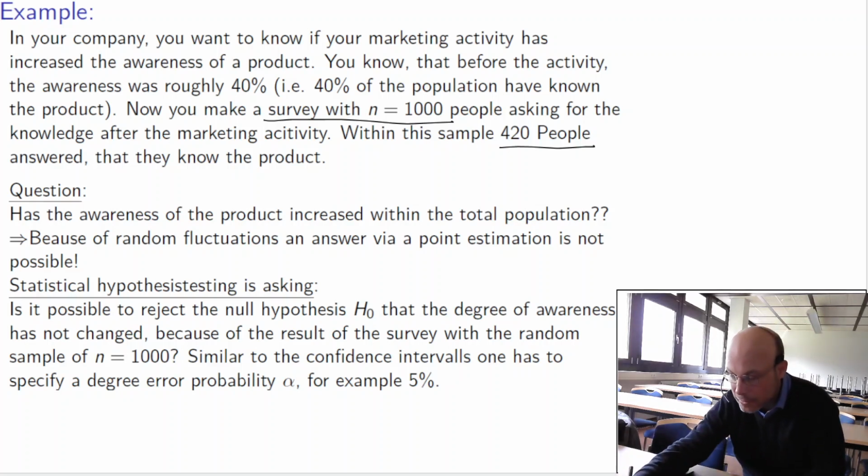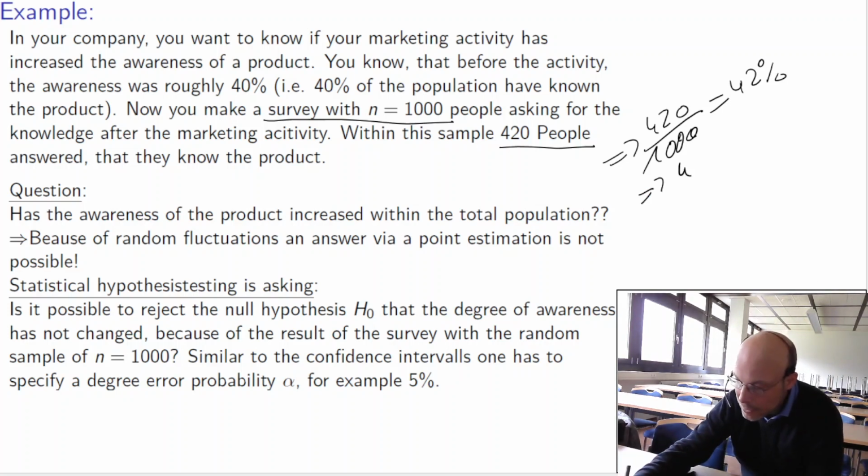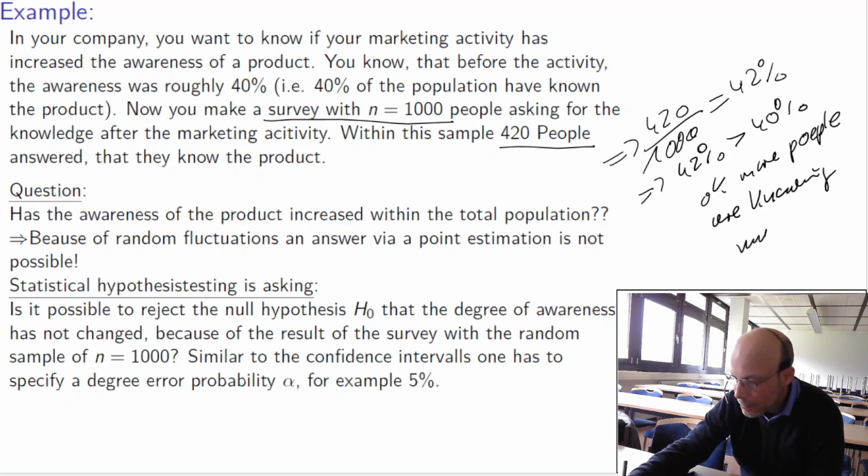Then, of course, 420 over 1,000 is 42%. If we are doing only descriptive statistics, then you would just say 42% is larger than 40. Okay, more people are knowing my product.